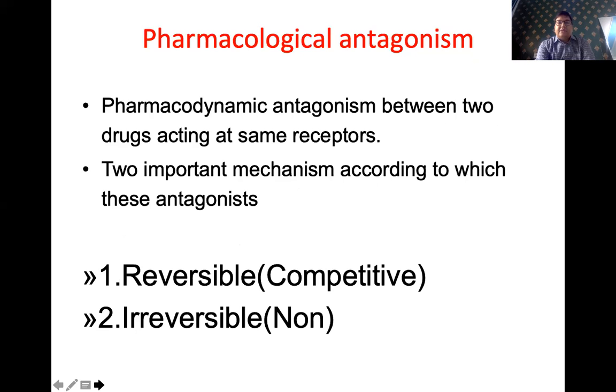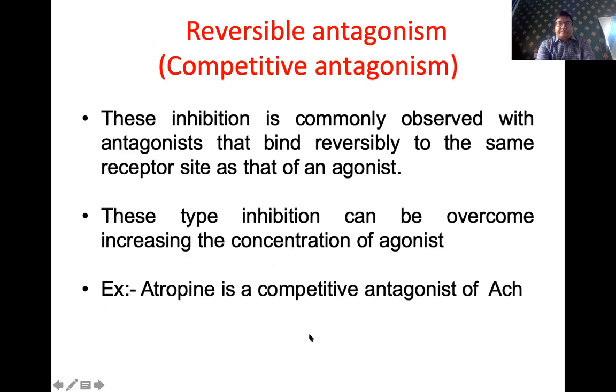Then we have the pharmacological antagonism, where two drugs act at the same receptors. And this type of antagonism can be of two types. One is the reversible or the competitive one, and the other is the non-competitive antagonism. In the reversible antagonism, the two drugs are acting on the same site of the receptors and antagonizing the effect of the other. So by increasing the concentration, we can overcome the reversible competitive antagonism.